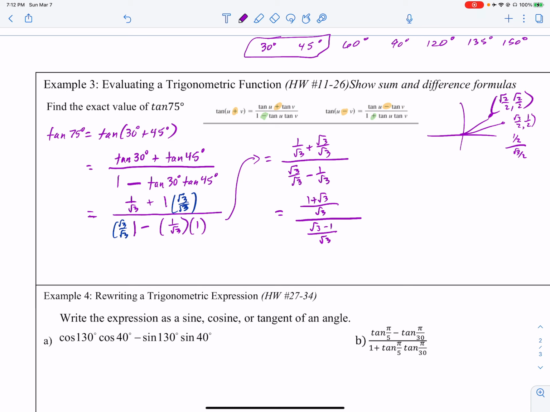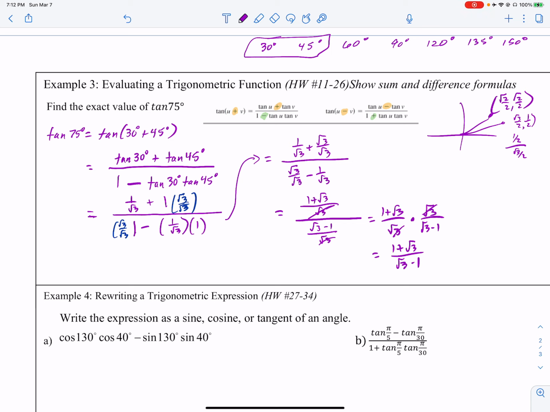And hopefully you know by now that those root 3's will just cancel. What's happening is I have a 1 plus root 3 over root 3, and I'm multiplying by the reciprocal of the denominator, and those cancel, giving me 1 plus root 3 over root 3 minus 1.